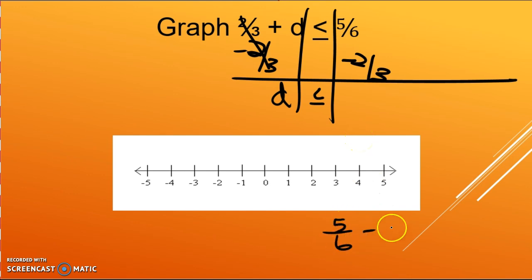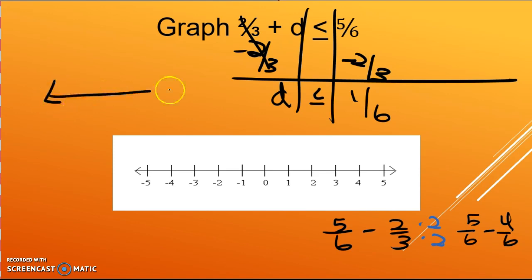In order to get that 2/3 to be a 6, I need to multiply by 2 on top and on bottom, which would bring me to 5/6 minus 4/6, which is 1/6. Okay? So now I have d is less than or equal to 1/6.